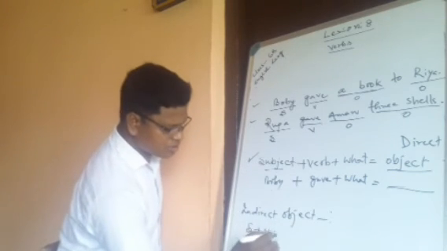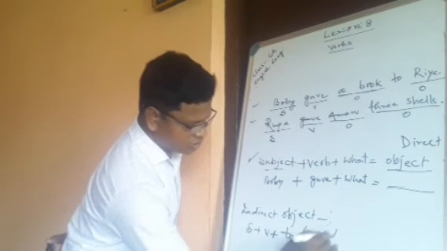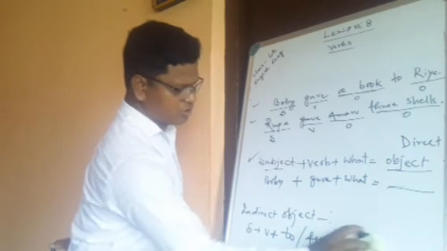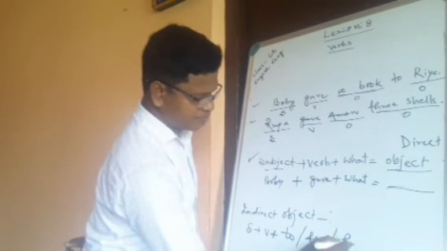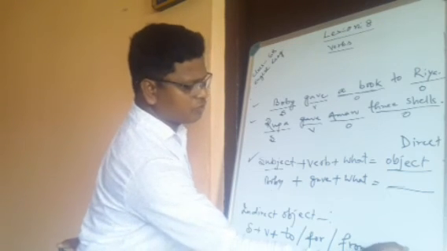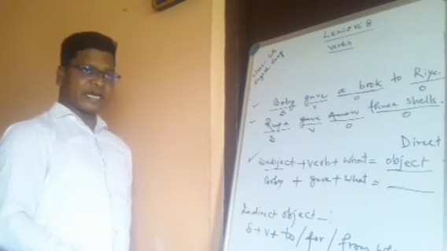Which are those? The options are to, otherwise for, otherwise from whom. Whichever object you get here will be your indirect object.